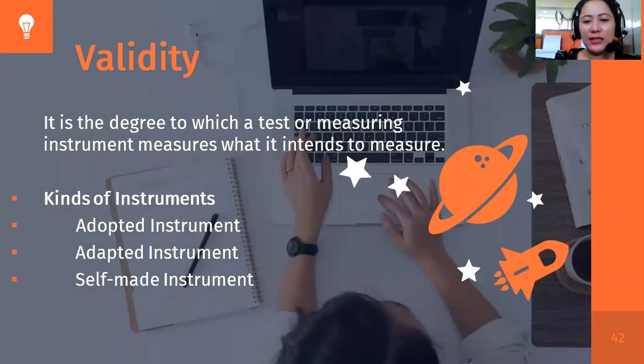To assess the validity of your research instrument, or to guarantee validity, you may consult your advisor or other experts of that field. You may attach the certification in the appendices that this instrument is being validated by Dr. So and so. Maybe you can consult at least three experts of your field in order to have a certification that your self-made research instrument is valid in terms of content and concurrence.